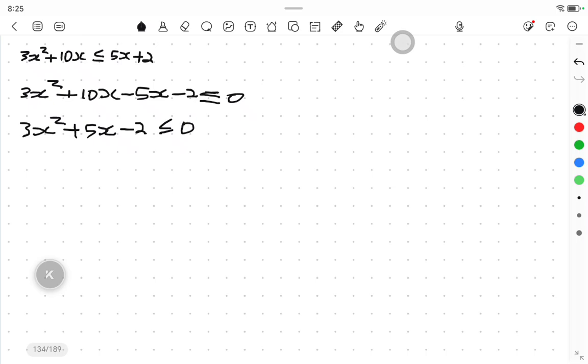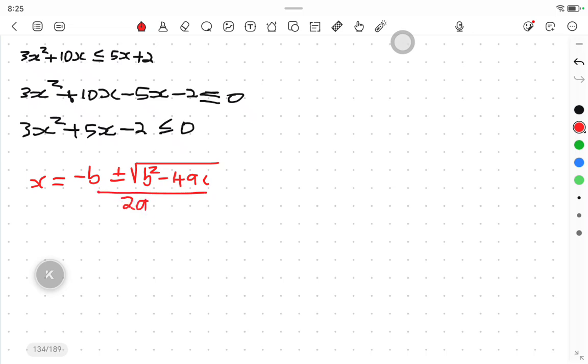Then now we need to factorize this, right? Let's say you don't know how to factorize this. What you can do is use the quadratic formula. According to the quadratic formula, x is equal to minus b plus or minus the root of b squared minus 4ac, all over 2a.